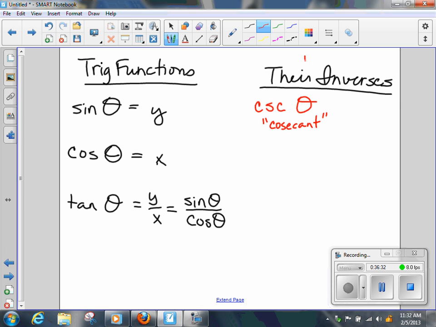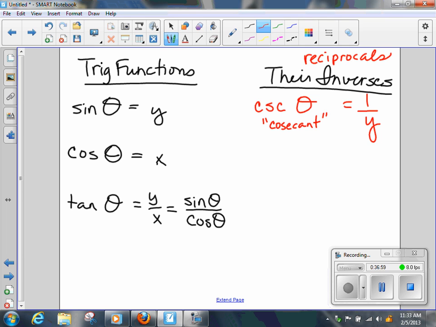Inverses, folks, are nothing more than reciprocals. So if cosecant is just the reciprocal of y, then what is it? 1 over y. Very good. It's 1 over y, or 1 over sine.